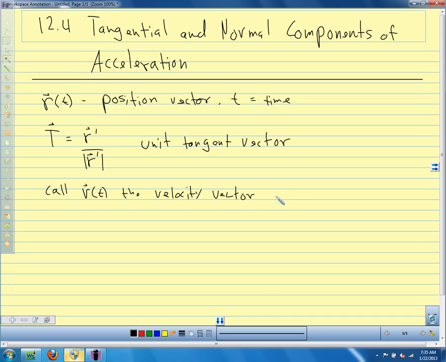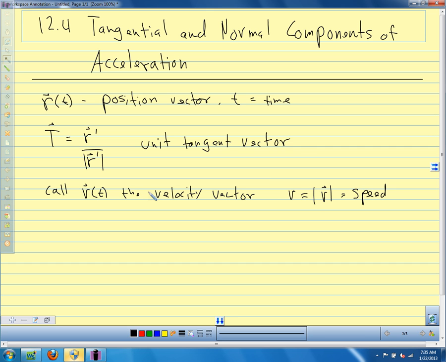And the magnitude, the speed, scalar v, is going to be the magnitude of our velocity vector. Is it a V or an R? This is a v. Is it inside? This is a v also. So this is scalar v, this is vector v. So this is our velocity vector, this is our speed.